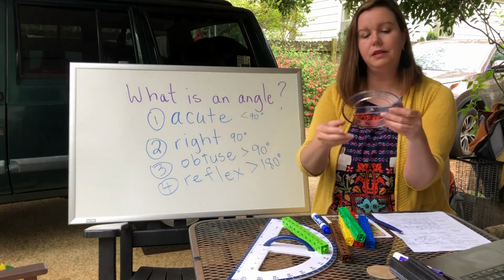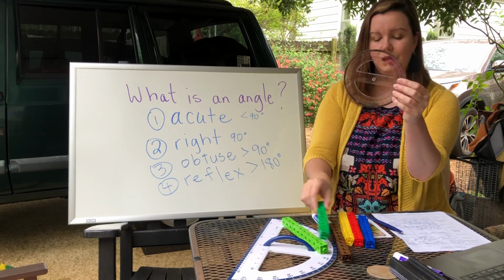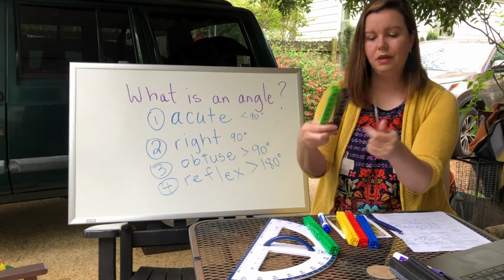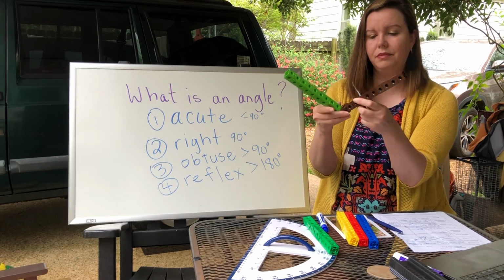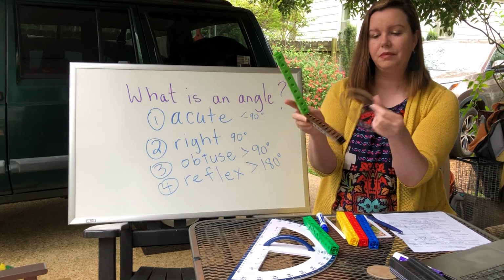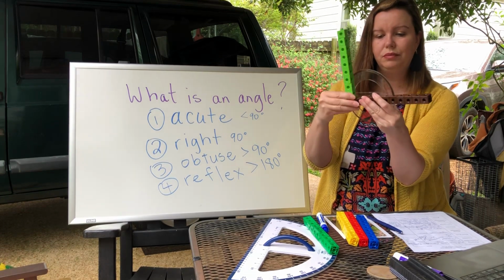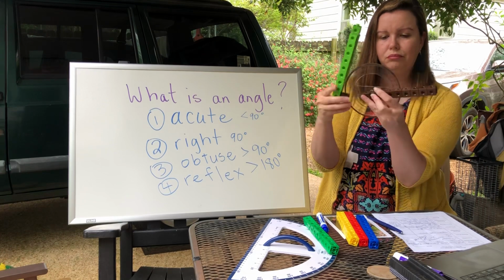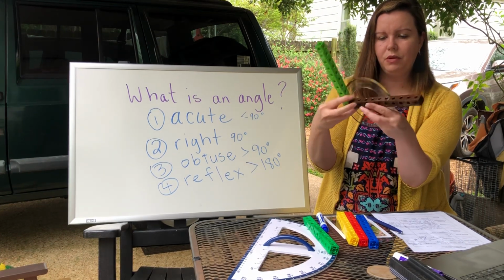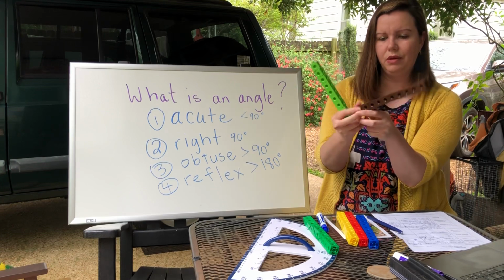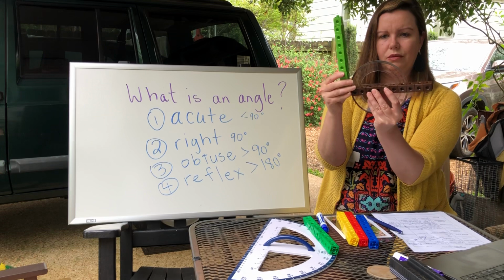And you can see this in this protractor. It's really a circle. So if I have the 90-degree angle here, let me put that one back on. This will work better. 90-degree angle.